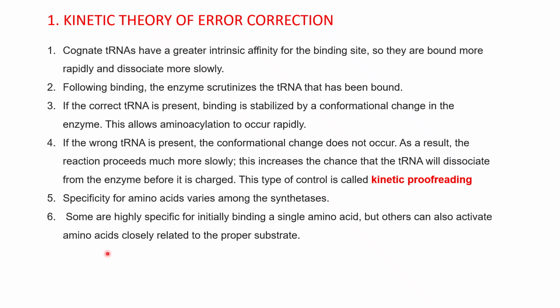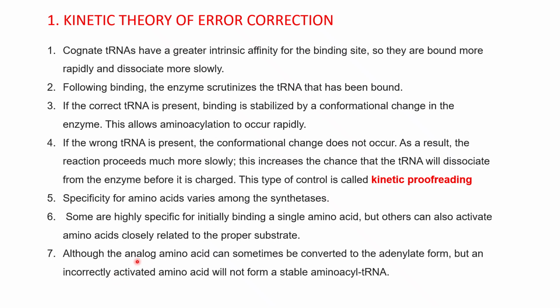In the other case, a synthetase can be highly specific for the initial binding itself. It might bind the correct amino acid only, none of the other amino acids. But in other cases, some synthetases may bind even closely related amino acids that are similar looking to its proper substrate.